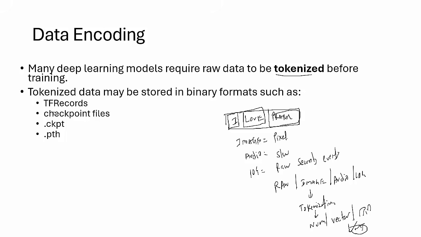Okay, so what are these records? TFRecord, .ckpt, .pth. TFRecord is a TensorFlow format which is used to store processed training data.